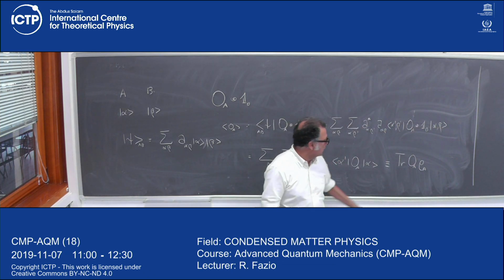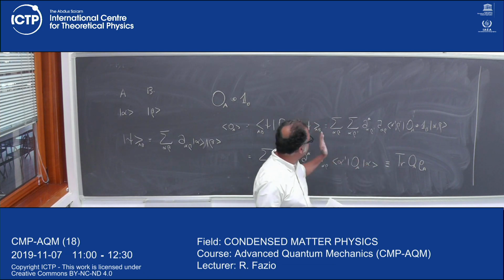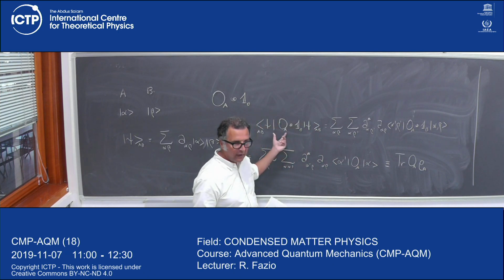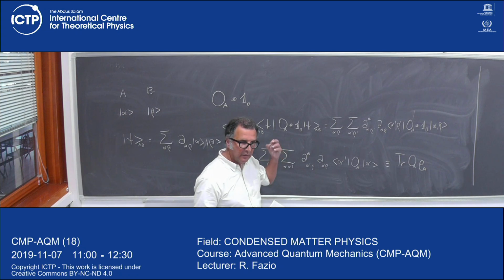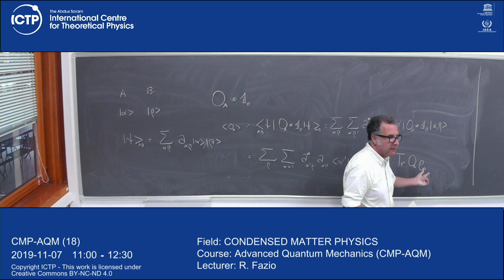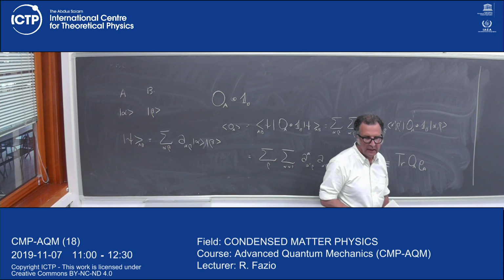Now, what I would like to show you is that any average of an observable of A corresponds to writing the system A in an effective state described by a density matrix rho A. Is this clear?